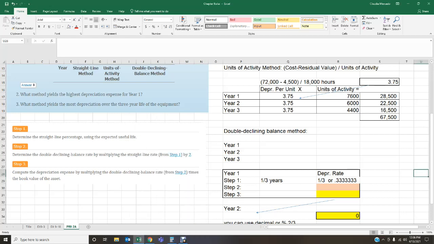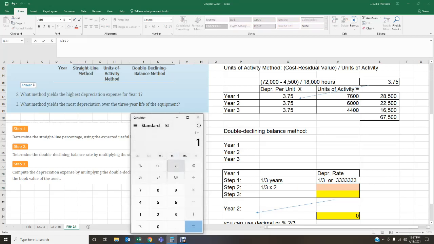Now step 2 is you're going to double, okay? Determine the straight line percentage using the expected useful life. Determine the double declining balance rate by multiplying the straight line rate by 2. And so in step 2, we're going to multiply the 1 over 3 by 2. And let's see what that gives us.